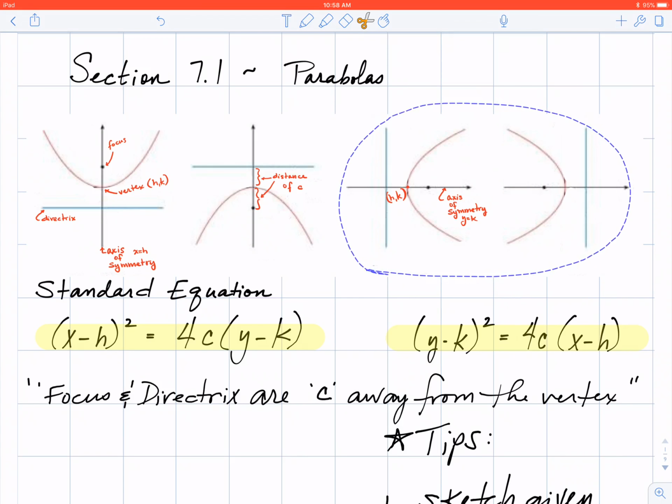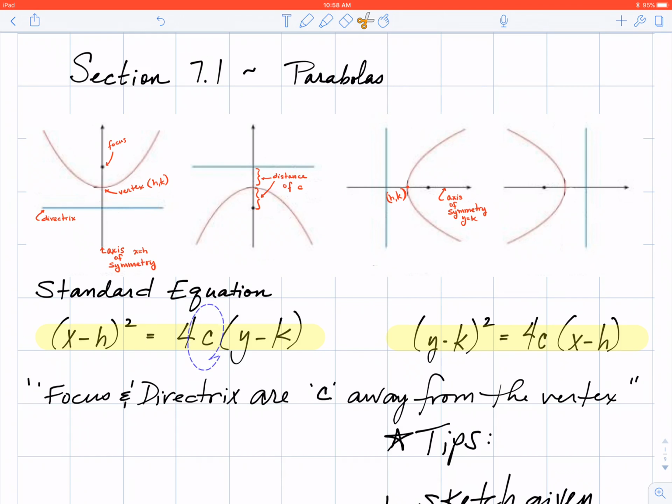Now, how do I know if it's going to be up versus down or right versus left? You remember from college algebra that the up and the down was all determined on that a value that was out in front in the ax squared plus bx plus c. In this case, the way that you determine whether or not it's up versus down is going to be based on this c value.